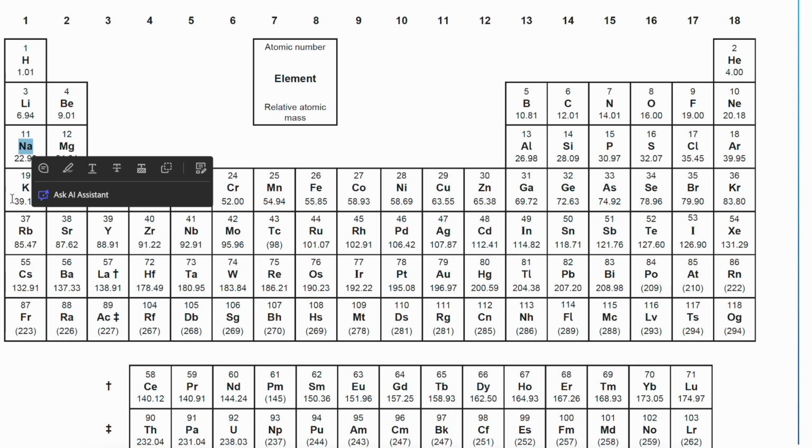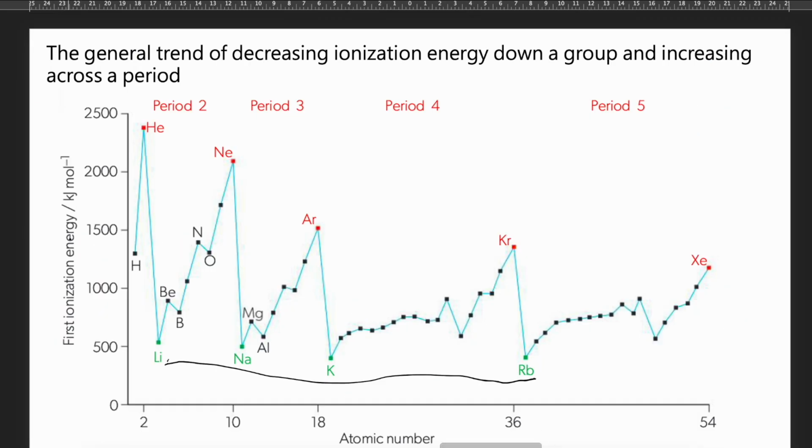So the number of shells increases because the number of electrons increases. Therefore, the attraction between the nucleus and the valence electrons gets weaker, so it's easier to remove. So when you move down a group, removing the electron becomes easier because the attraction forces become weaker due to the larger atomic radius. Okay, we can see here it reduces.